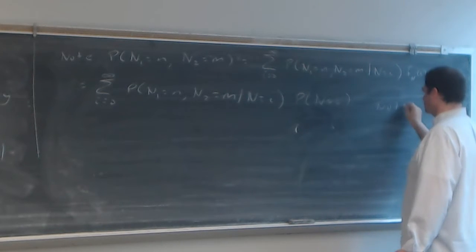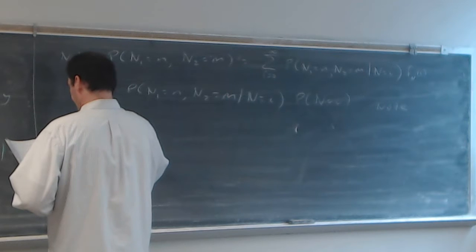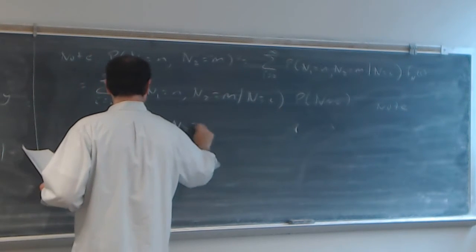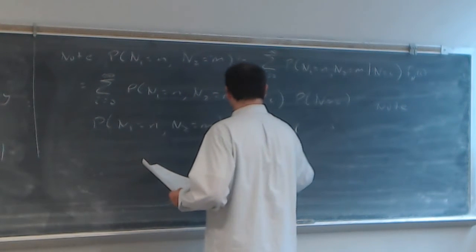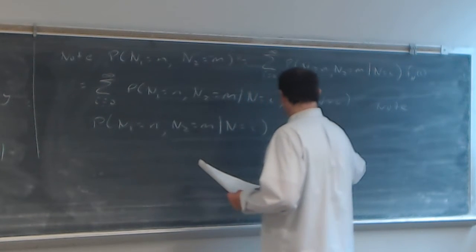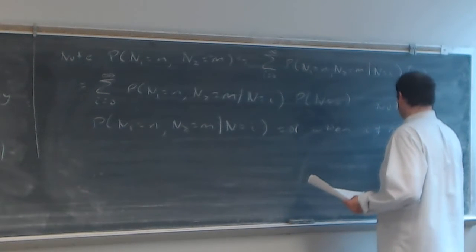So note, the probability that N sub 1 equals n and N sub 2 equals m, given big N equals i, is equal to 0 all the time when i is different than n plus m.